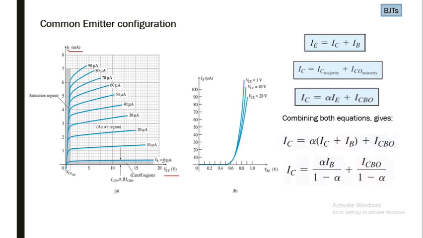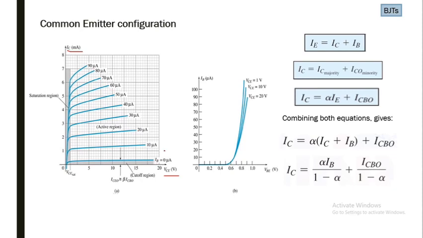And each curve is against a fixed value of input current, that is IB. For IB is equal to 0 microampere, we have this curve. For IB is equal to 10 microampere, we have this curve. And for IB 20, 30, 40, we have these different curves.